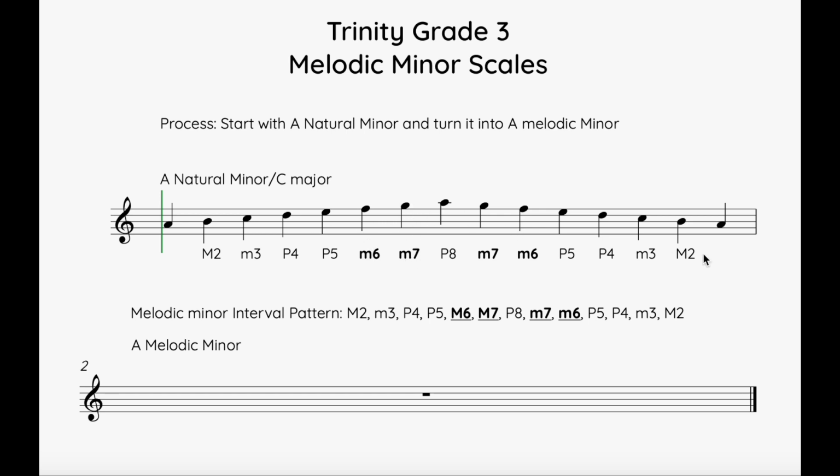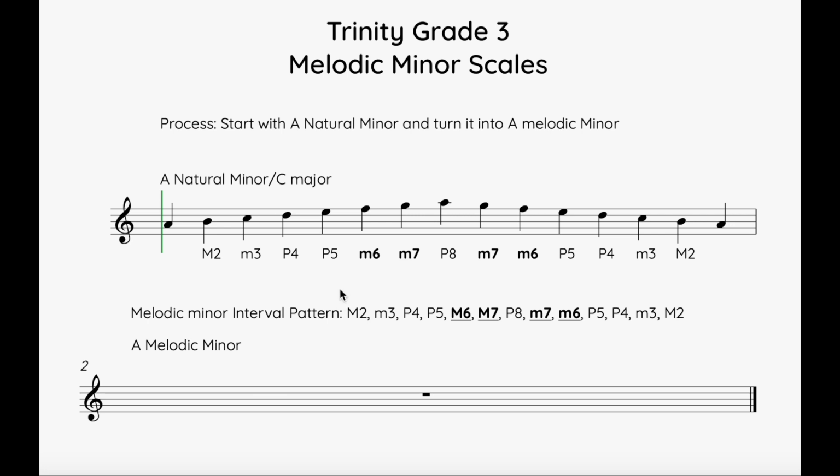And obviously it's the same descending as well as ascending. So that's the foundation, because the natural minor scale uses exactly the same notes as the relative major, and they both use the same key signature. Once you understand that, you're in a position to easily turn this scale into a melodic minor scale.